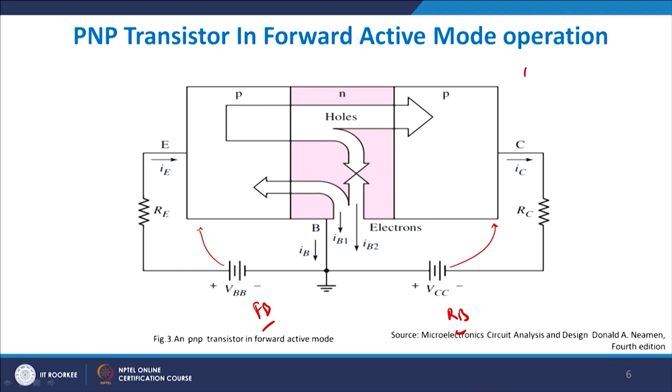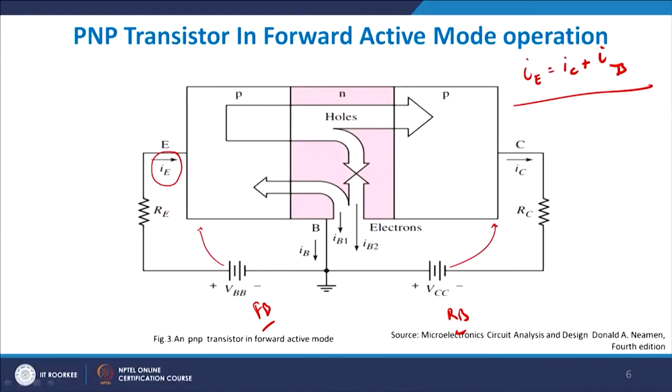Here also IE will be equal to IC plus IB. The only thing is that since we use conventional current, the direction of the arrowhead shows the direction of flow of the holes. So, this arrowhead which you see here is the direction of the holes, and therefore the holes will be moving in this direction.